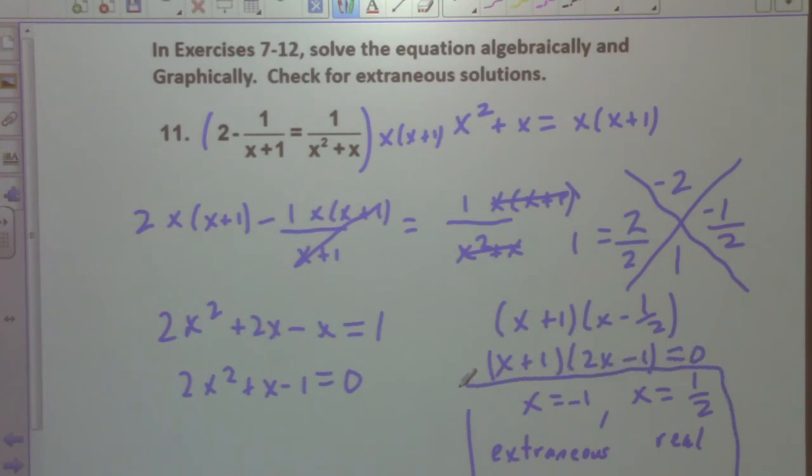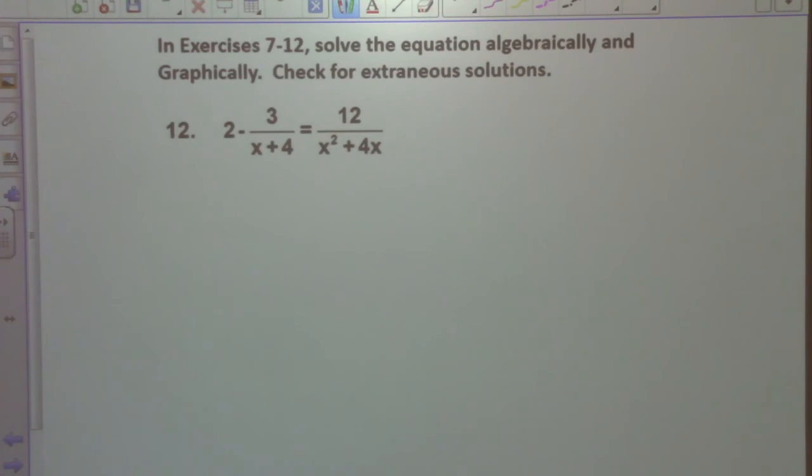Okay, we have just one more in this exercise set, which is number 12. Let's go ahead and work that one out. Is everybody pretty comfortable with working out number 12? It's going to be quite similar to number 11.